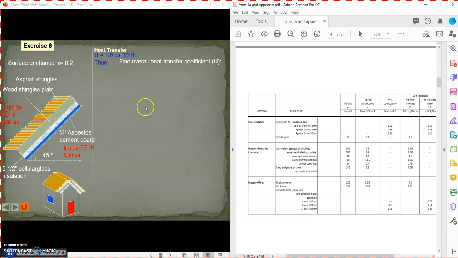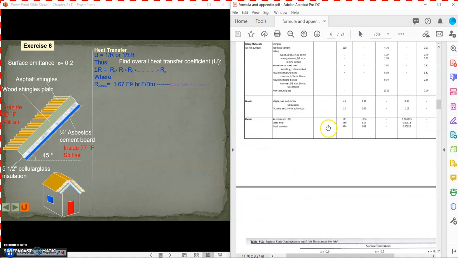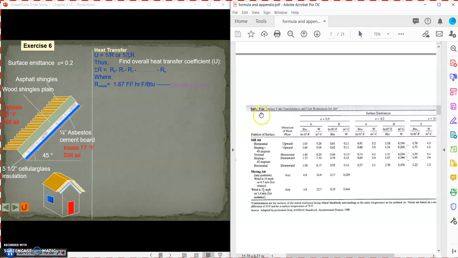The question wants to find the overall heat transfer coefficient U here. Same formula, you just use the sum of R, and first we want to find the R outside. R outside is 95°F. Using table 5.2, surface unit conductance and unit resistance of air, please look into the surface emittance. Surface emittance is 0.2 here. What is the position of surface?